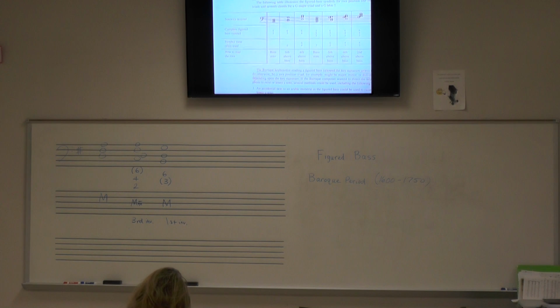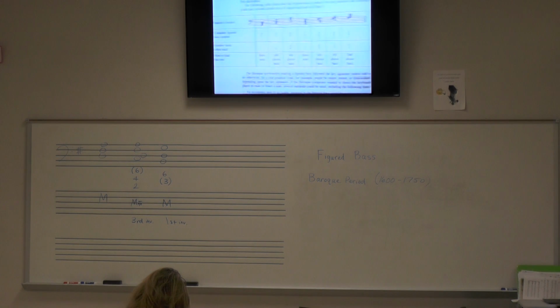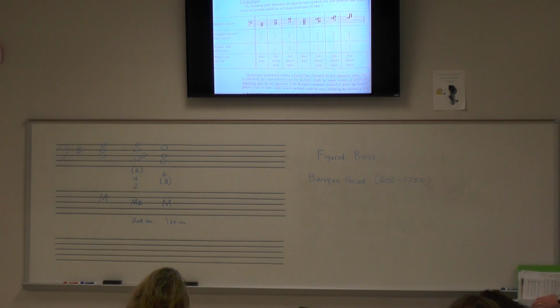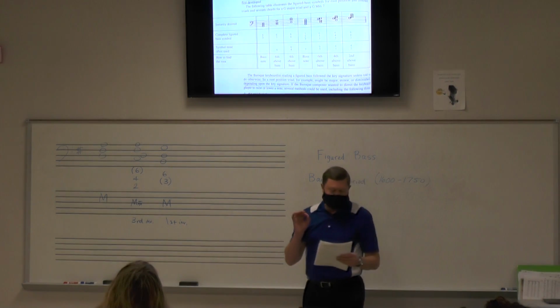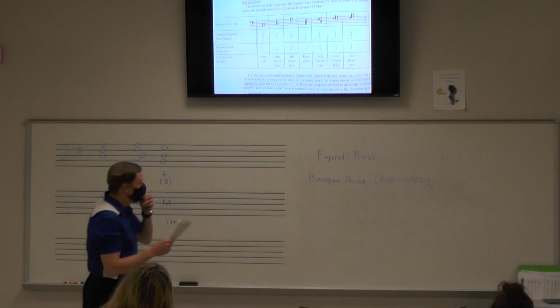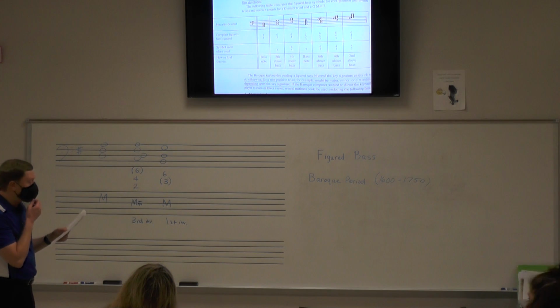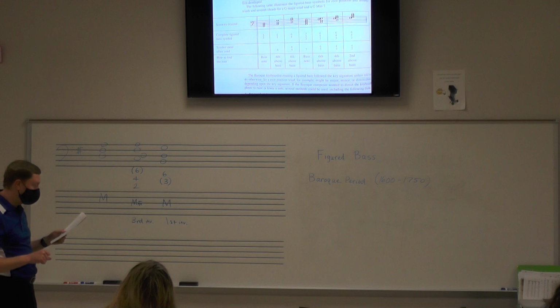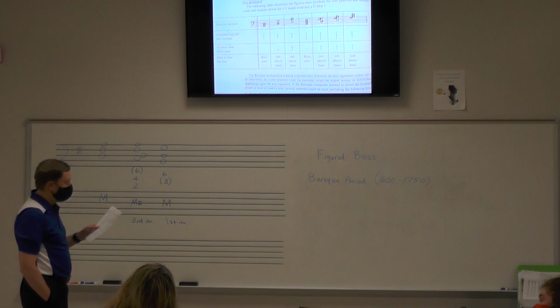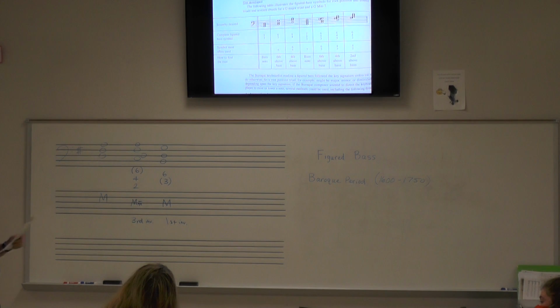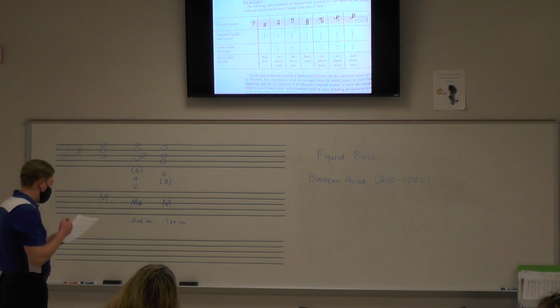I've referred to this chart before, but it really comes in handy and it really comes into play with what we're learning and studying right now. So, even though we don't have all the numbers sometimes in a figure, the omitted numbers are to be understood as being present and require notes on the staff to form a complete triad or a complete seventh chord always. Three-note triads, four-note seventh chords.